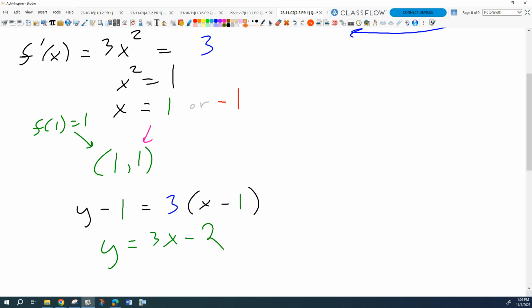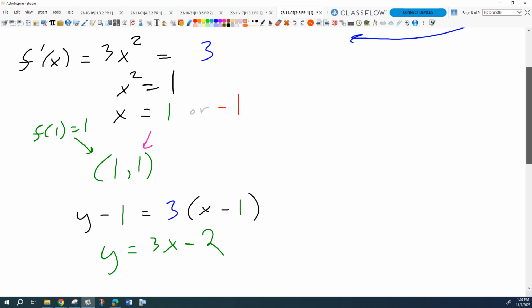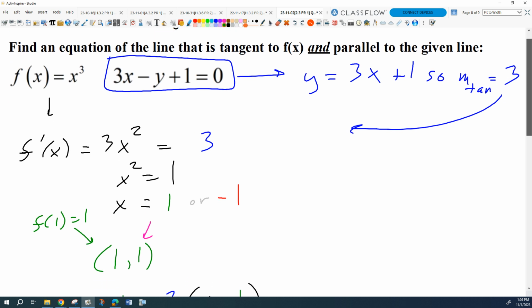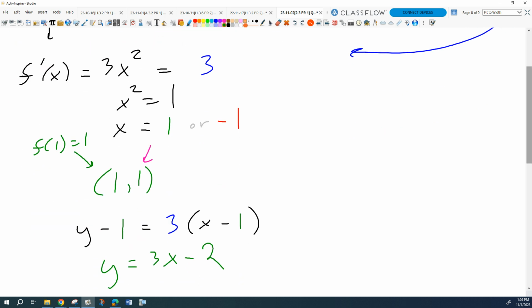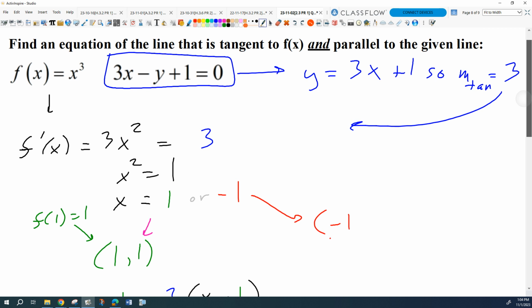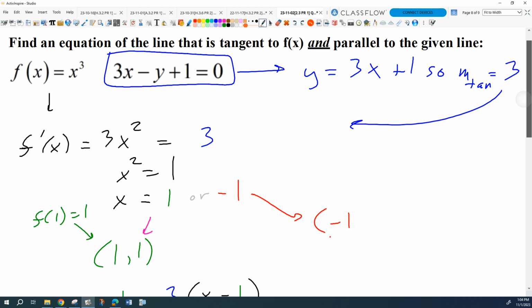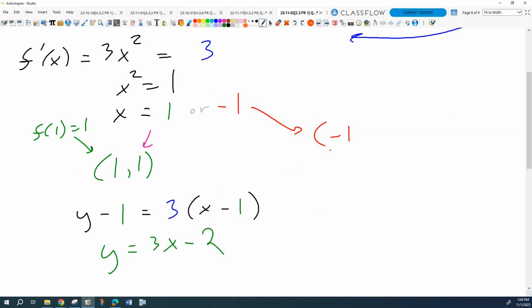Okay, there's one line. How about over here with the red one? Okay, so now with the red one, this is giving us the point x equals negative 1. What does y equal? Negative 1. And again, that's just because f of negative 1 equals negative 1.